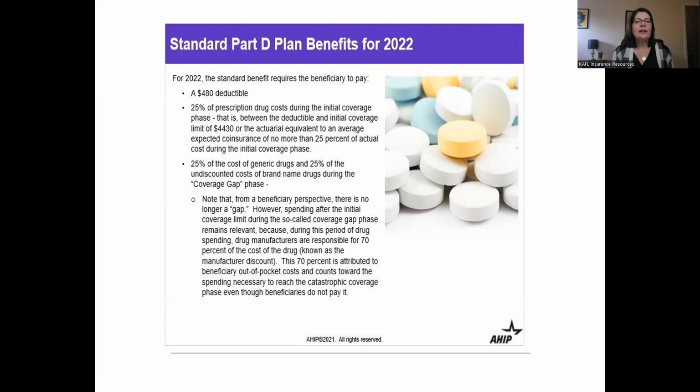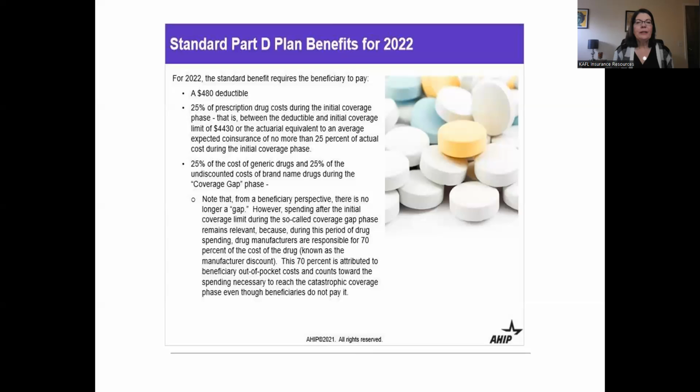And then there's a coverage gap. Now, when it was called the donut hole, it used to have a higher cost during this phase, but now you'll notice that same percentage, 25%. So during this coverage gap, it's 25% again of the cost of generic drugs and 25% of the undiscounted costs of brand name drugs.